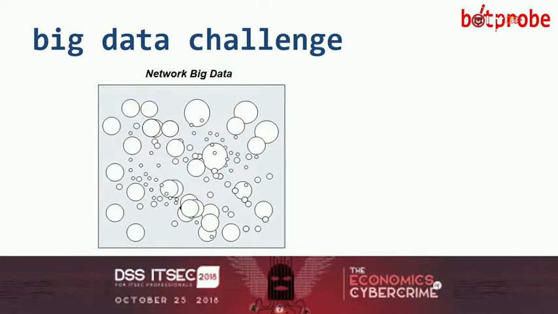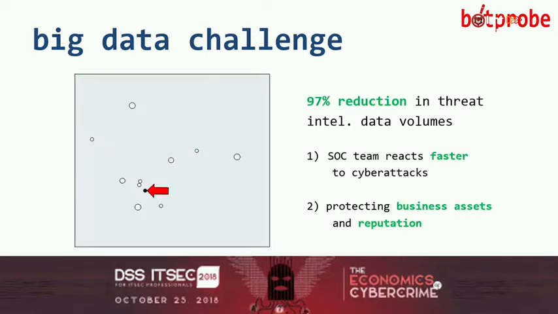We're not going to, at the moment, analyse the threat, but we're presenting you with the data to say, this is where we think the threat is. Because we can take away the large data volumes, security operations centre analysts can respond faster, and you can protect assets and business reputation more quickly.